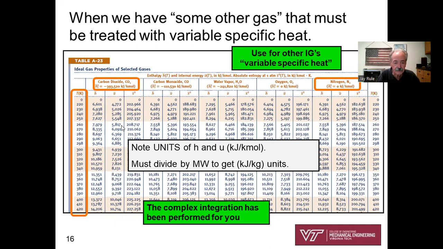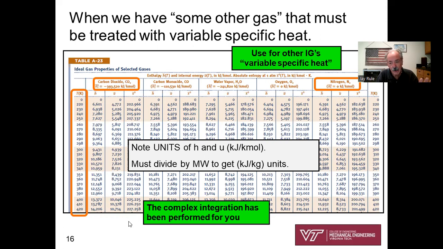Be very careful in table A23. You've got to divide these numbers by the molecular weight to get your enthalpy and internal energy values in kilojoules per kilogram. Same idea: the complex integration has been performed for you when you have ideal gas substances other than air.